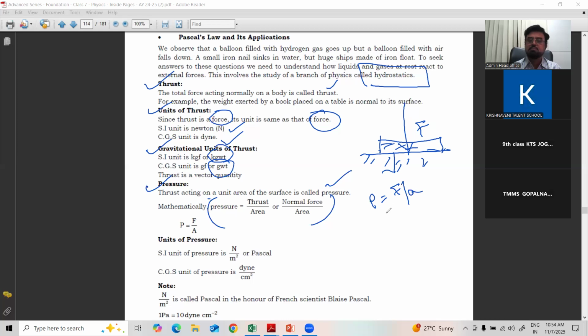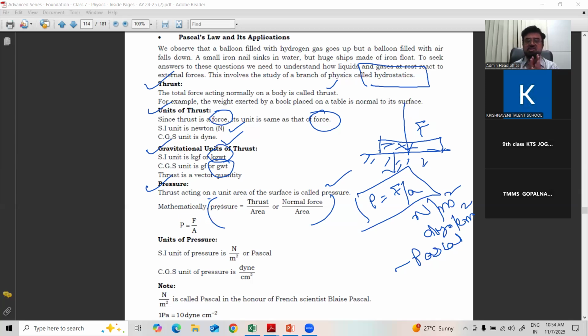So thrust acting on unit area is called pressure. For units of pressure: force is Newton, area is meter square, so Newton per meter square, or dyne per centimeter square, or Pascal, named after the scientist. The standard unit of pressure is Pascal.